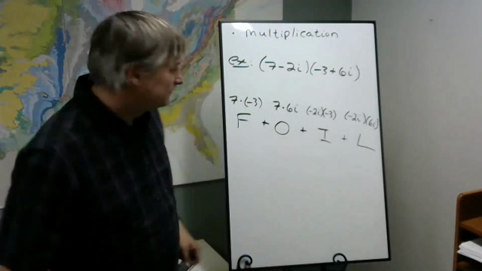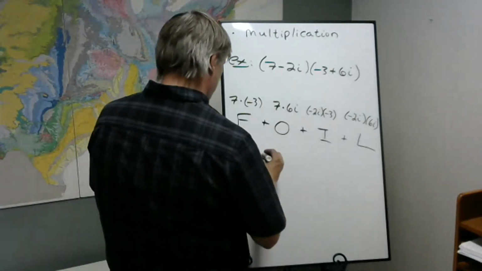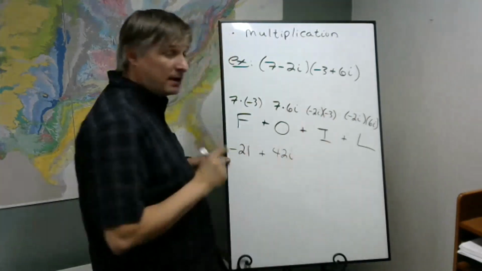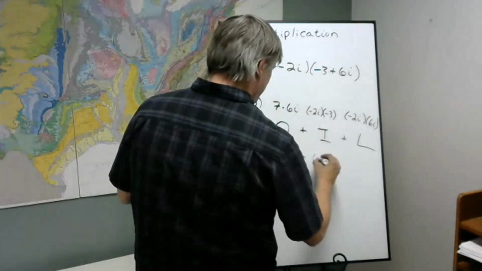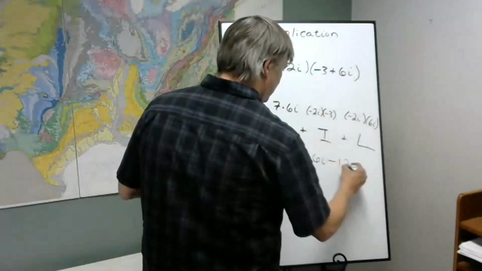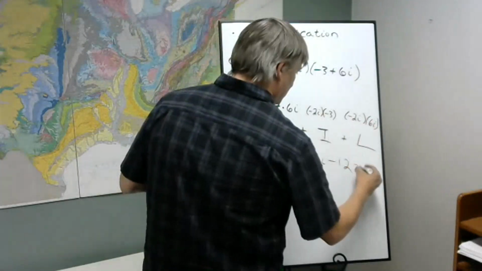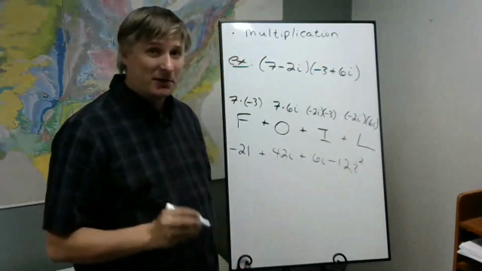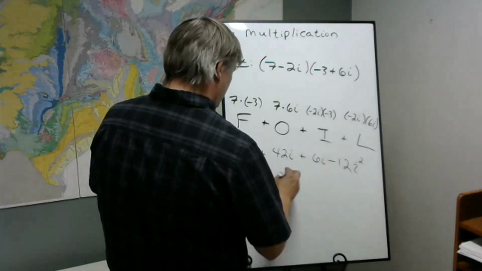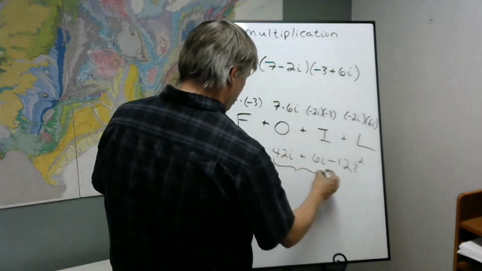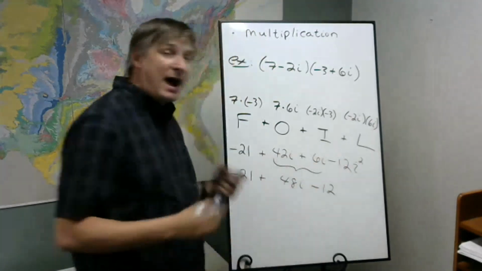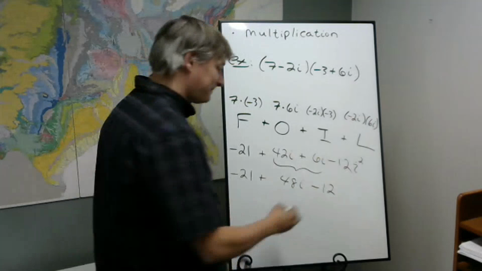So now that we've got our FOIL: -21 plus 42i, negative and negative will be positive, so we'll get plus 6i, negative and positive will be negative, so we're going to get -12i, so again, i squared. So this will be -21. We can combine these into 48i minus 12, and don't forget i squared is equal to -1.